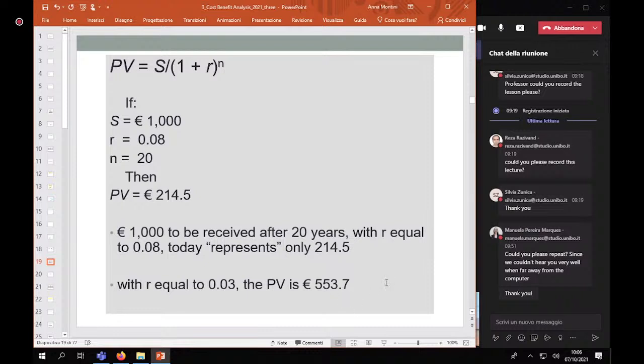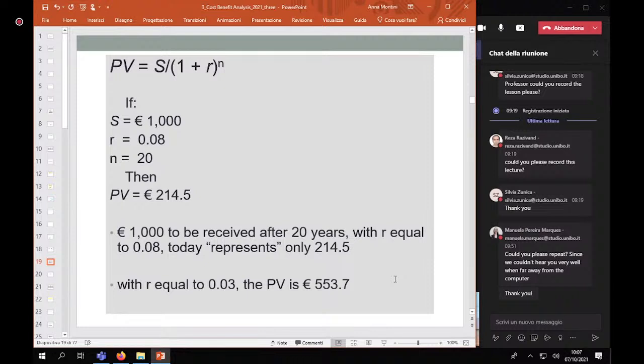Okay? If I change the R, instead of 0.08, I put 0.03, the present value increases and it becomes 553.7. So, what are the considerations that I can do with this slide? The first one, once I know the formula, it could be quite easy to calculate present values for future nominal values.